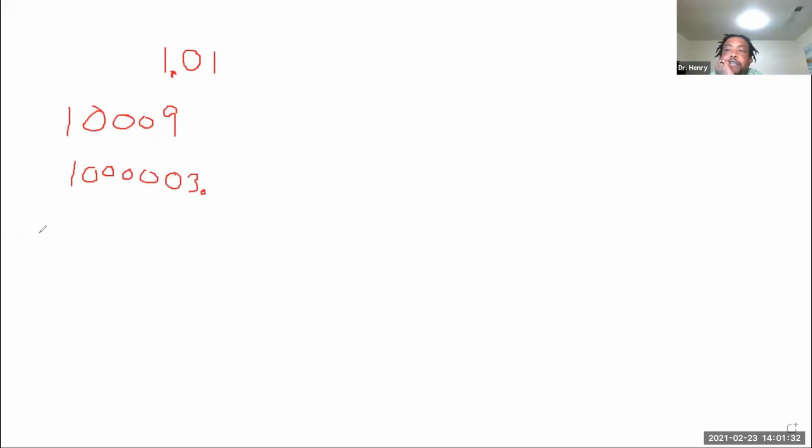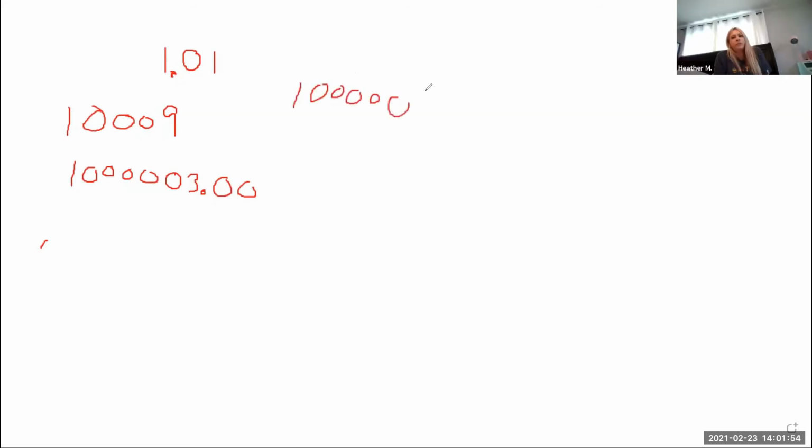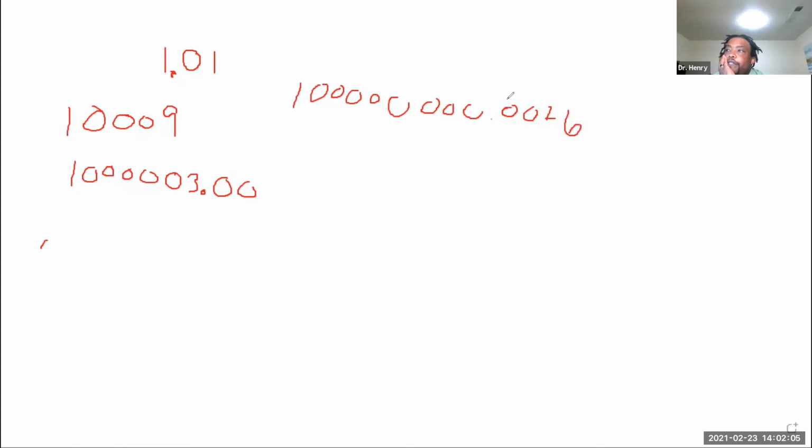But how about if it's on the right side? You're saying the right side, right? So if I had zeros here, is that what you're asking me? Yeah, for example, if it's 1,003,0076, if I had 1 million. So how many sig figs would that be? 13.